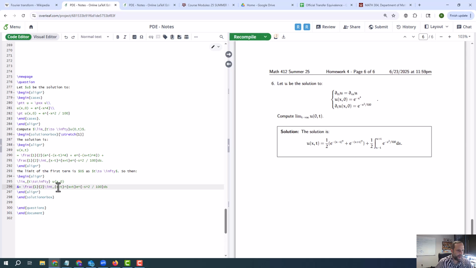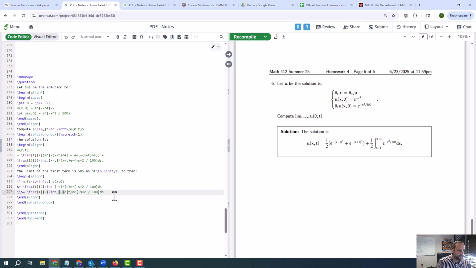But x is equal to 0, so it's going to go from 0 to t like that. Well, this integral has exponential decay, so I'm just going to do minus infinity to positive infinity. So this is just going to be equal to this integral, but going from minus infinity to positive infinity.